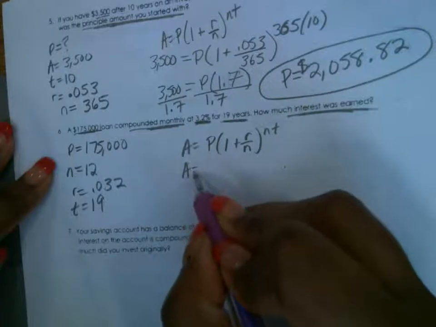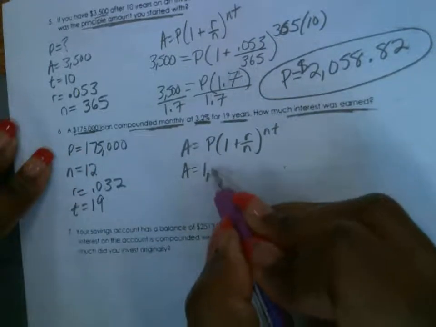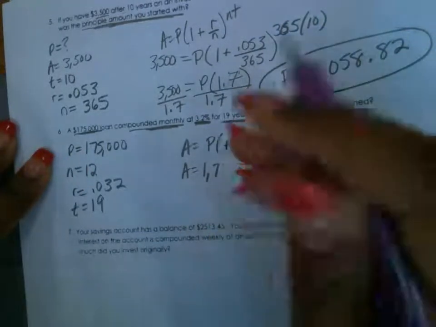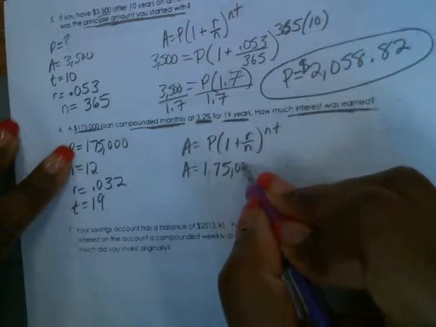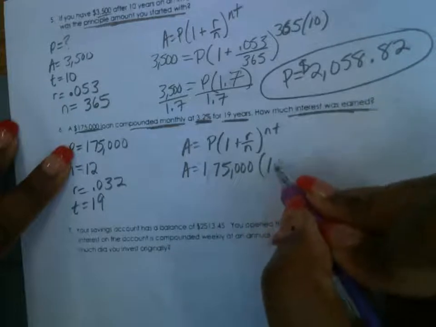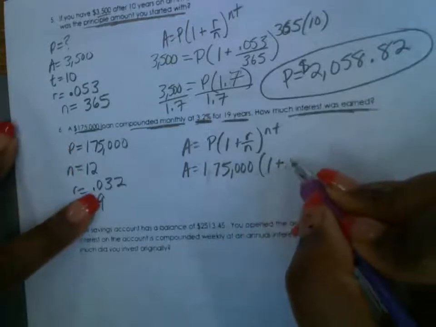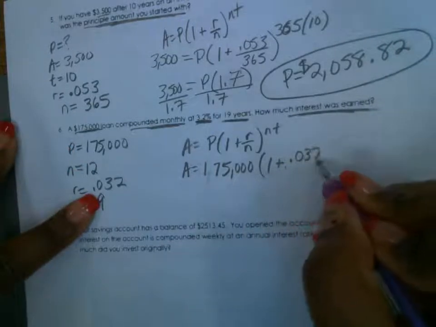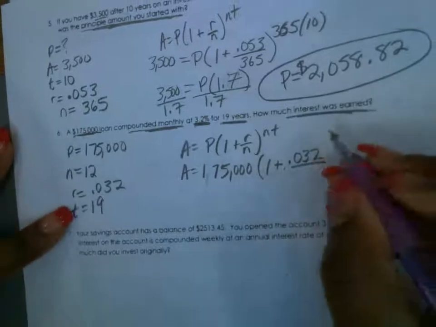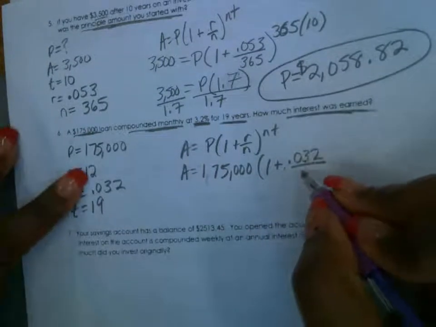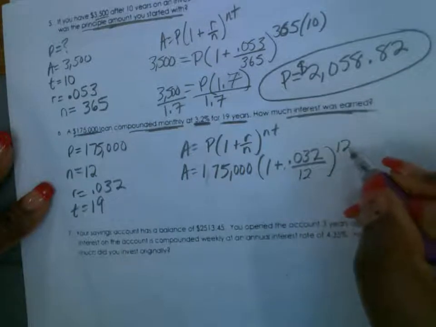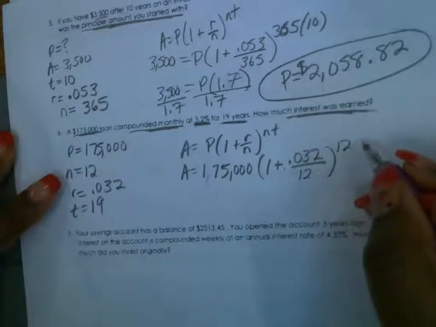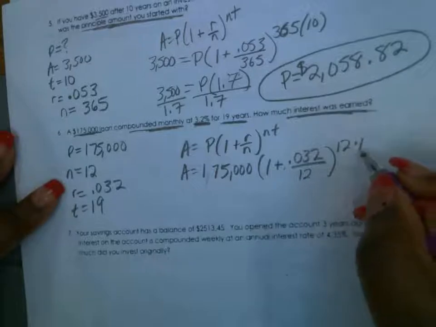So this is going to give you A is equal to, I'm sorry, not 1,000, 175,000. And you substitute your values in, 0.032 over N, that's 12 months, and we'll raise it to the NT power, that's 12 times 19.